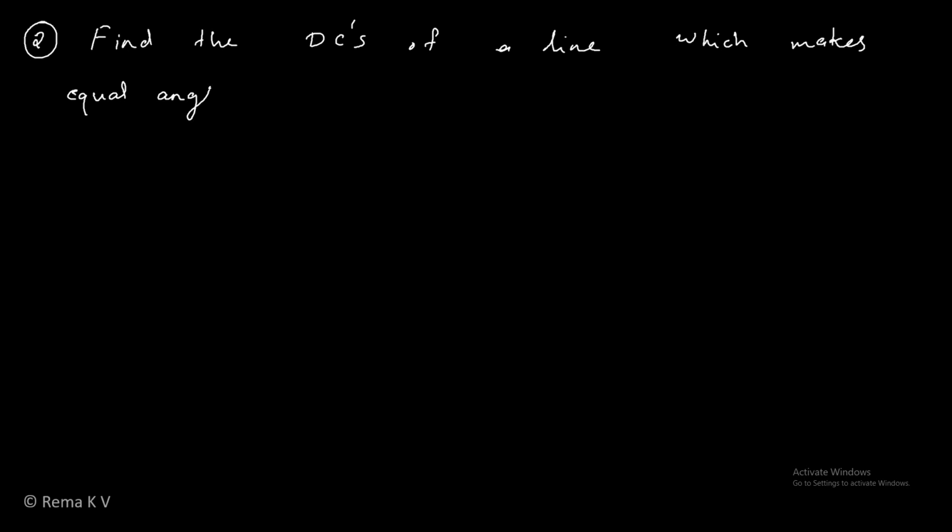Find the direction cosines of a line which makes equal angles with the coordinate axis.